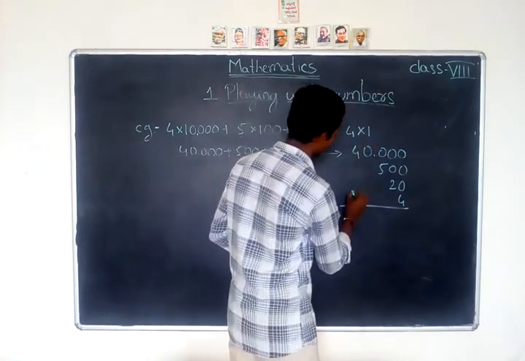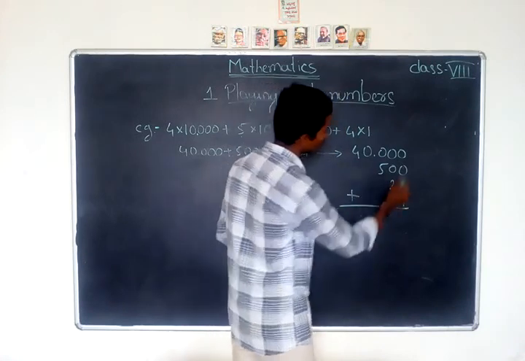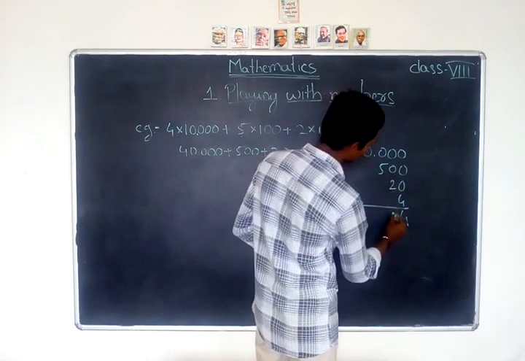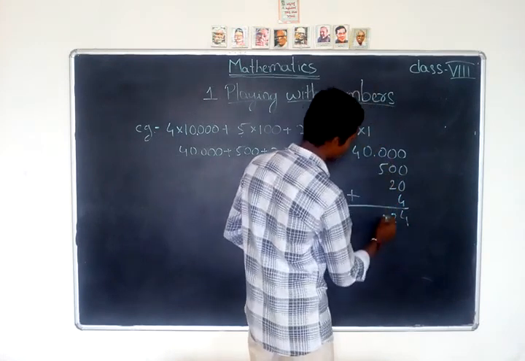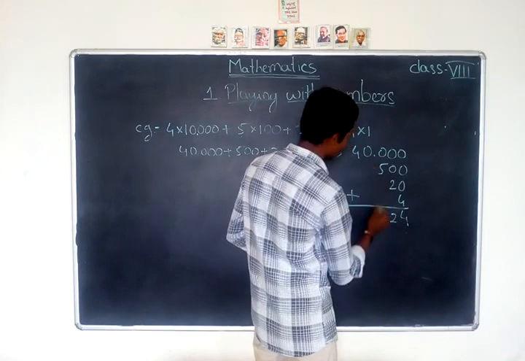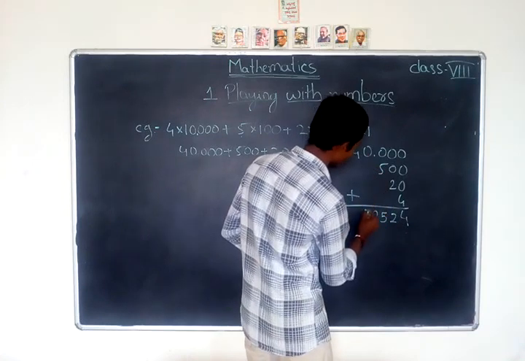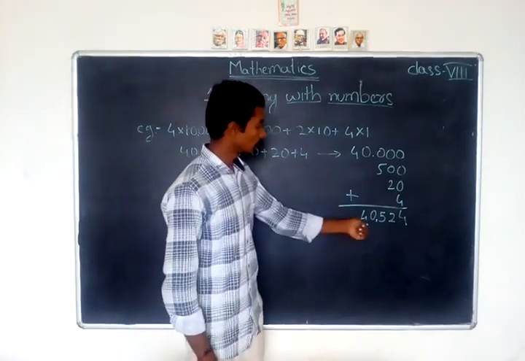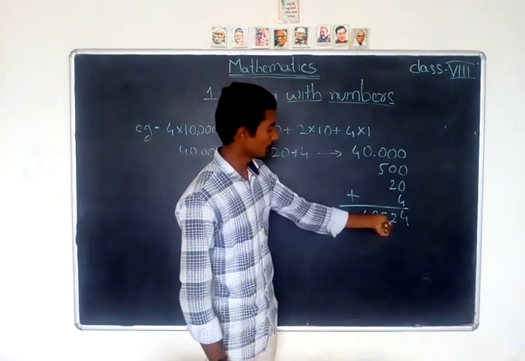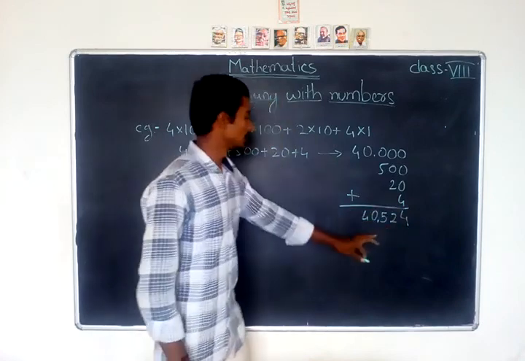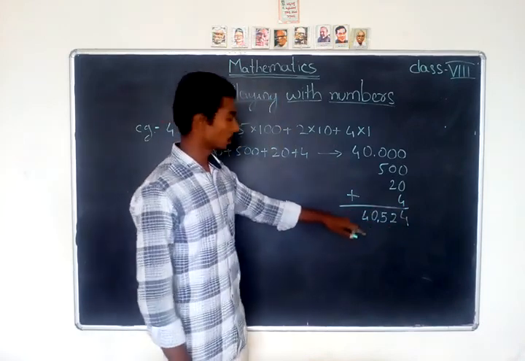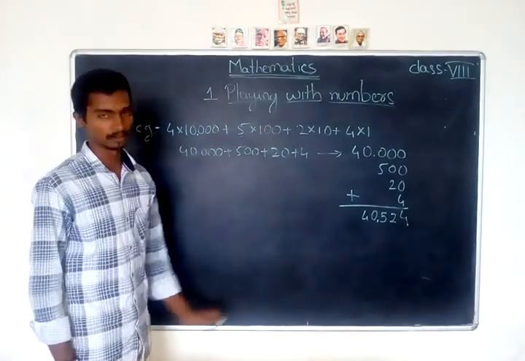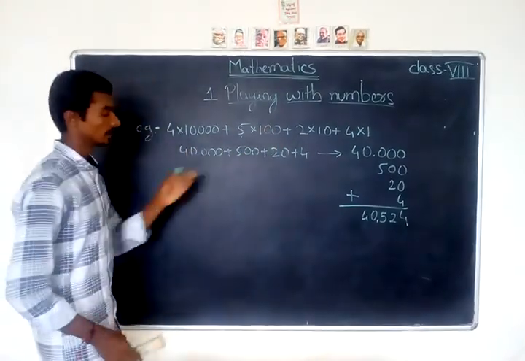Now if we add this, what will we get? 4 plus 0 is 4, 2, 5, 0, 4. So the number we have got is 40,524. This is the normal form or simple form of the general form which is given. Okay, this is how we will find the normal form.